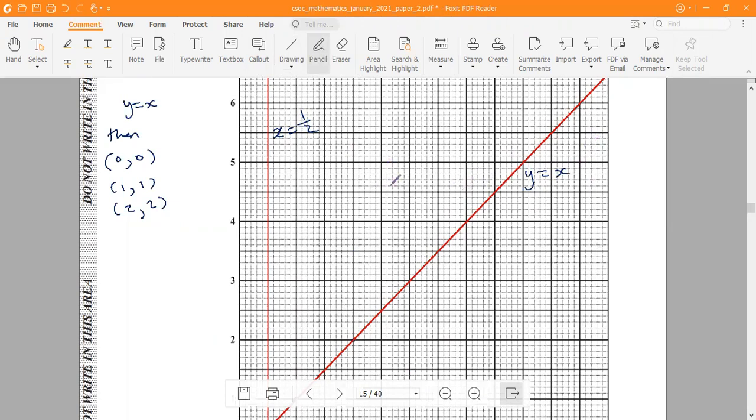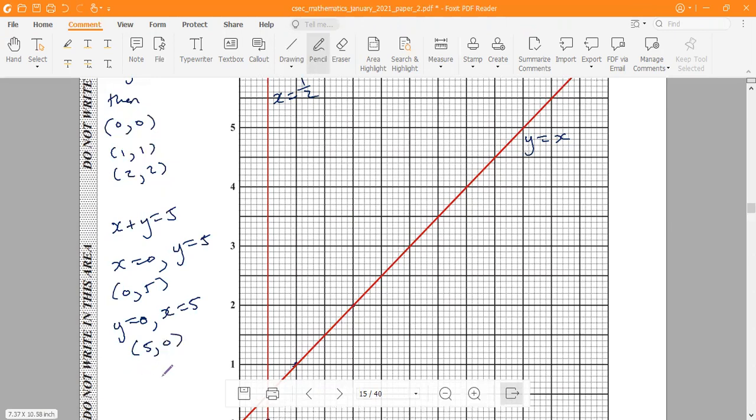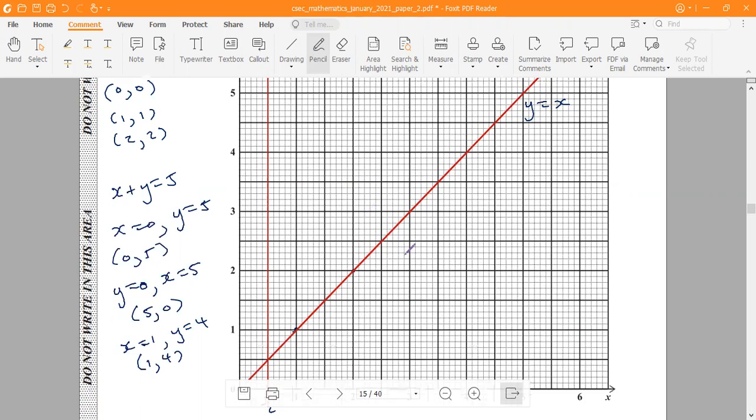And now we have the graph of x plus y is equal to 5. When x equals 0, y is equal to 5, so we have the point 0, 5. Now we could say y is equal to 0, x is equal to 5, so we have the point 5, 0. And then we could say x equal 1, y will be equal to 4, because 1 plus 4 is 5. And we have the point 1, 4. All these points lie on the graph x plus y is equal to 5. So let's plot these points.